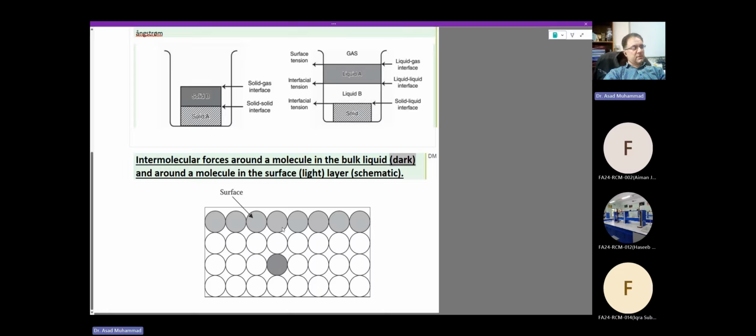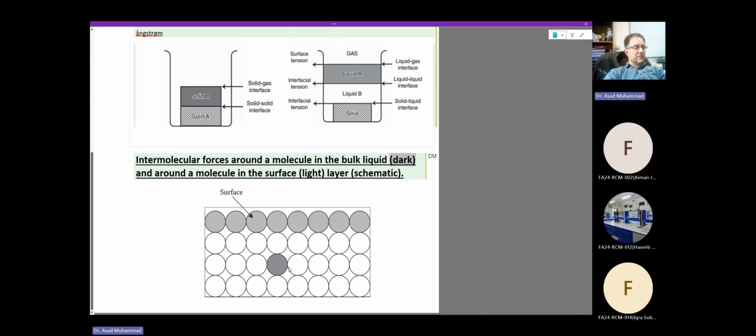But if you look at this one, which is on the top, on the surface, it doesn't have any circle above it. These light gray ones don't have any circles above them, which shows that there are no molecules above them, which naturally makes it an imbalanced molecule in terms of energy. So if some molecule is present on the surface, then it is short of balancing forces.